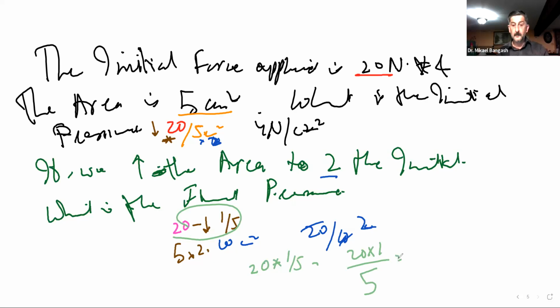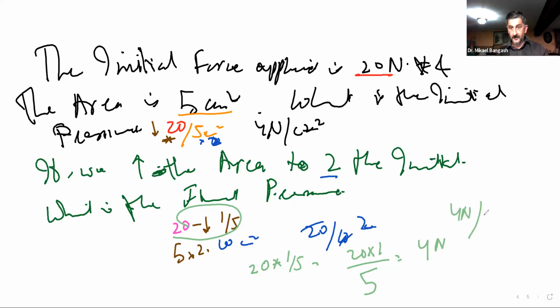In this instance, our force would have been 4 newtons. Clear?